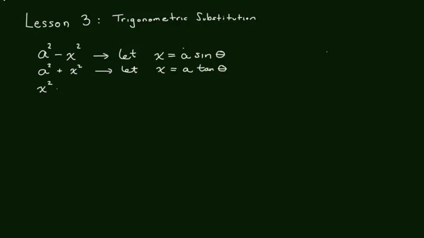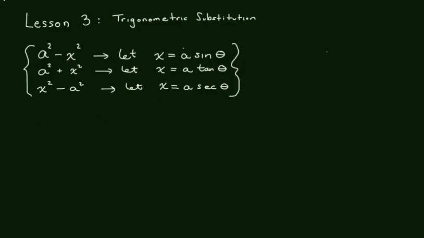For x squared minus a squared, you let x equal a times the secant of placeholder theta. A large majority of the time you will see one of these expressions under a radical. So this is what you have to memorize: these substitutions right here.